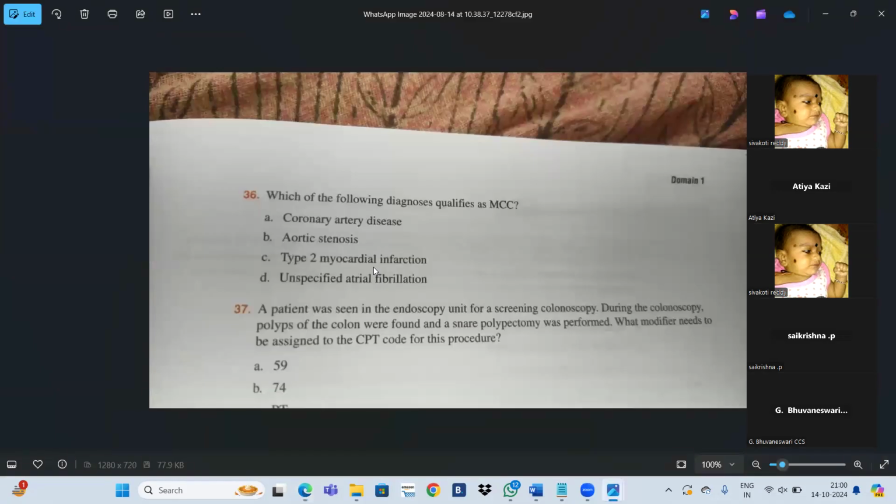So now we need to identify the ICD codes for the 4 diagnoses first, correct? If you identify the diagnosis codes for the 4 conditions, then you will get the MCC value.